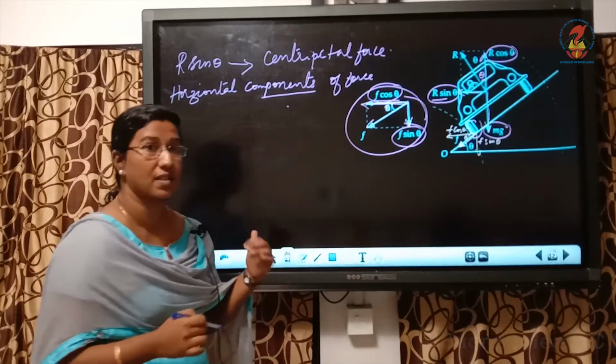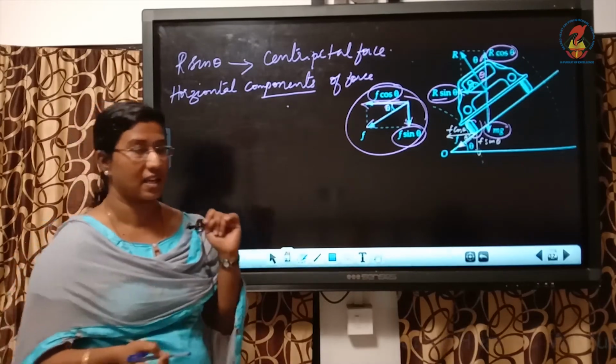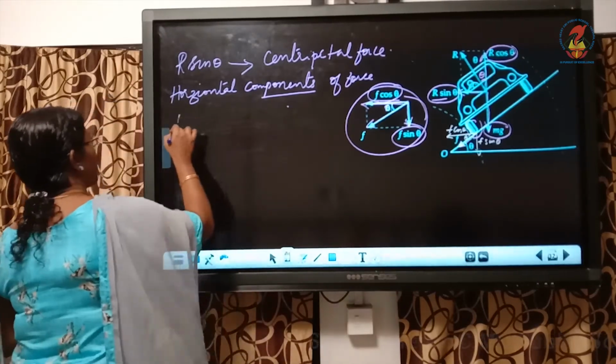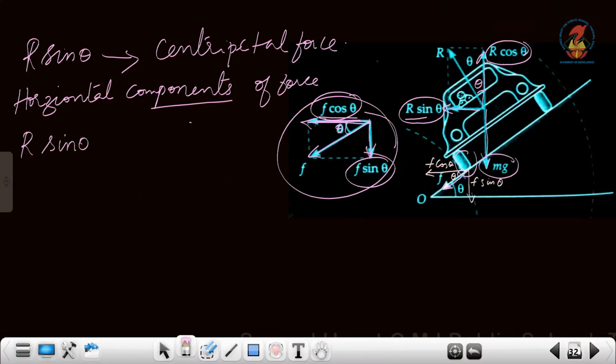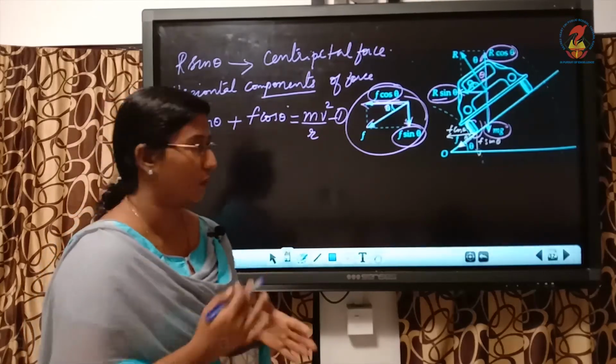They are directed towards the center, so they are providing centripetal force. So we can write R sin theta plus f cos theta is equal to mv square by r. Why are we writing mv square by r? Because it is providing the necessary centripetal force.